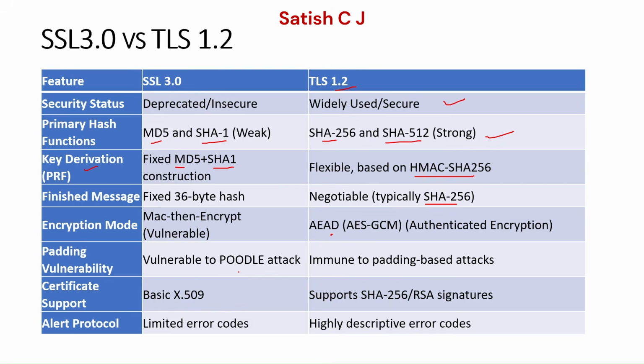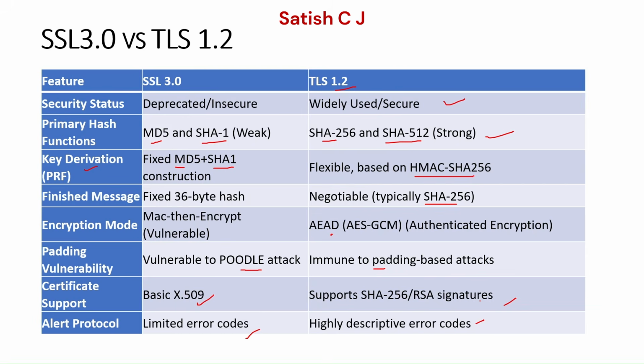And padding vulnerability, SSL 3.0 was prone to padding attacks, whereas TLS 1.2 is more secure. It is immune to padding based attacks. So certificates, here it supports basic X.509, here it supports X.509 with SHA-256 and RSA signatures. SSL has very limited error codes, TLS has highly descriptive error codes.